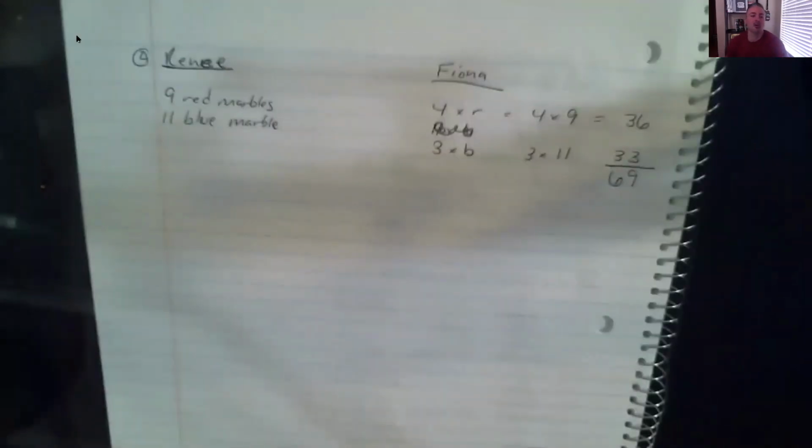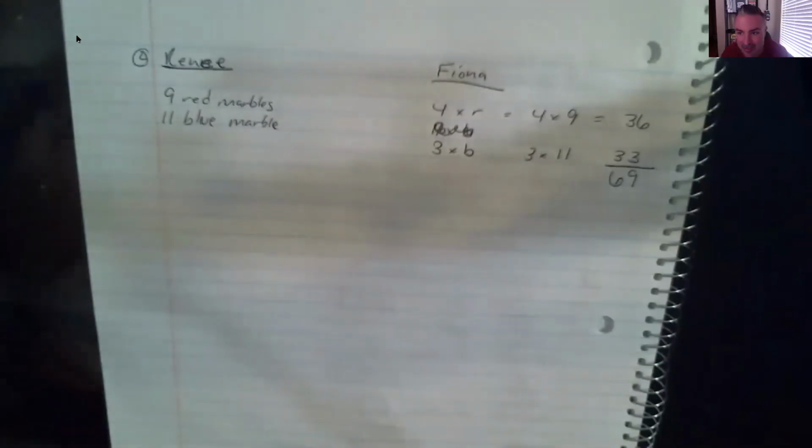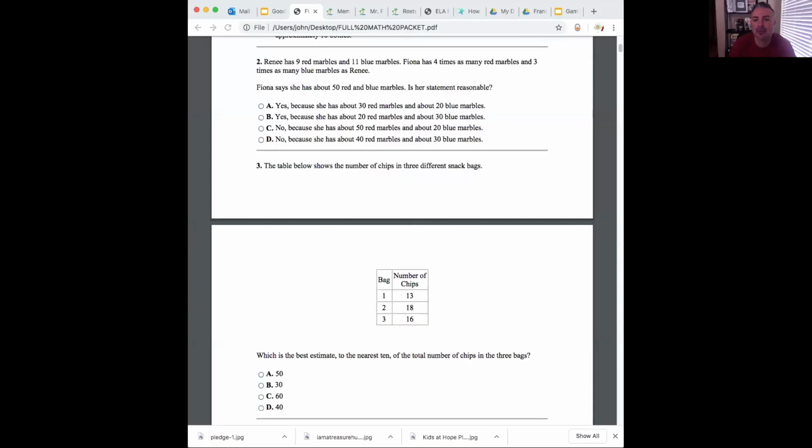All right, so according to Fiona's estimations, she says that she has about, and let's go back to the question. I've done the math. The question says, Fiona says she has about 50 red and blue marbles. Is her statement reasonable?